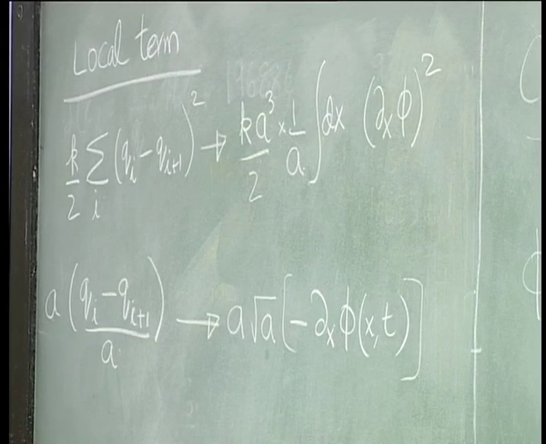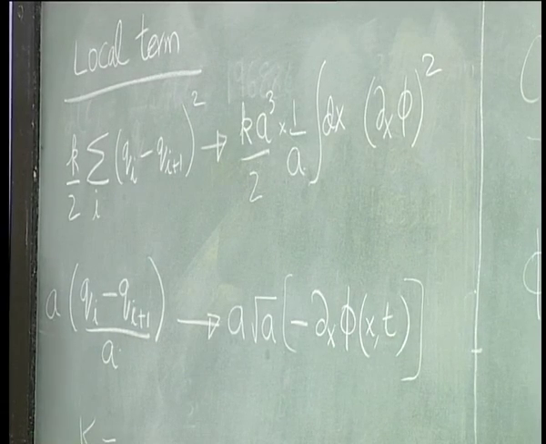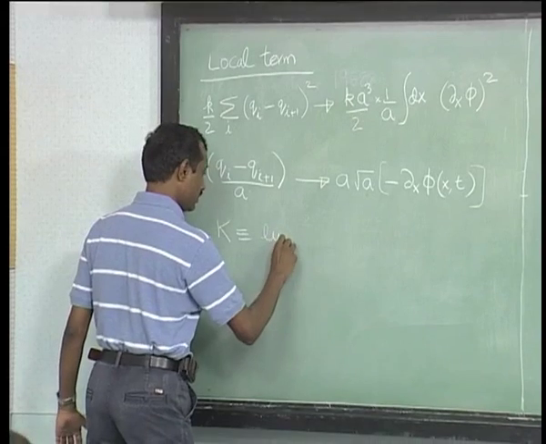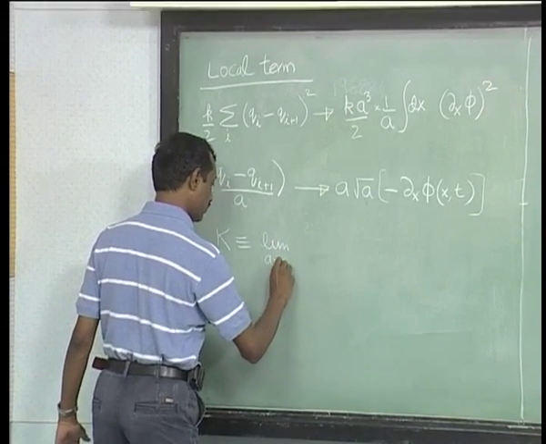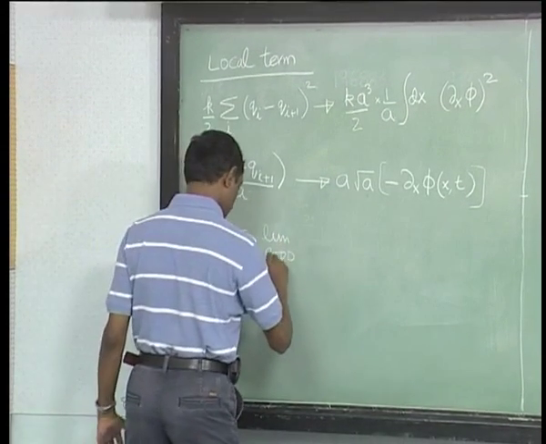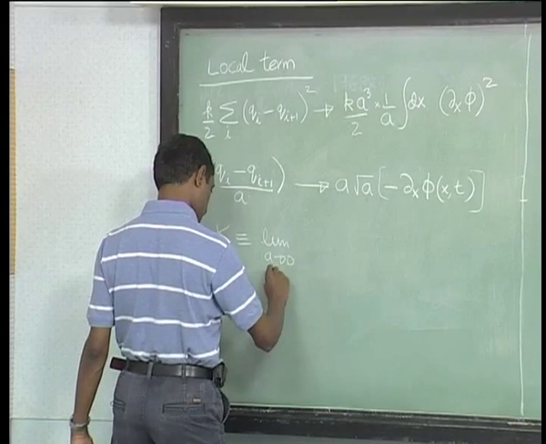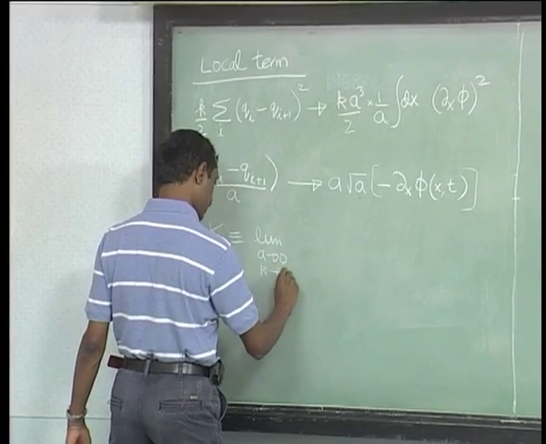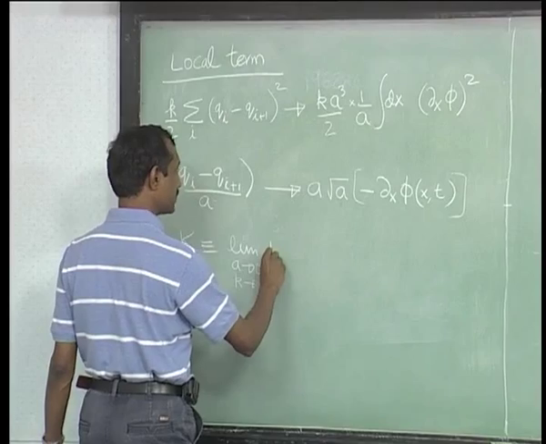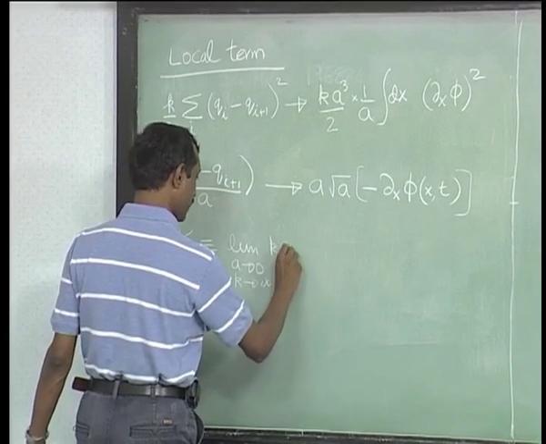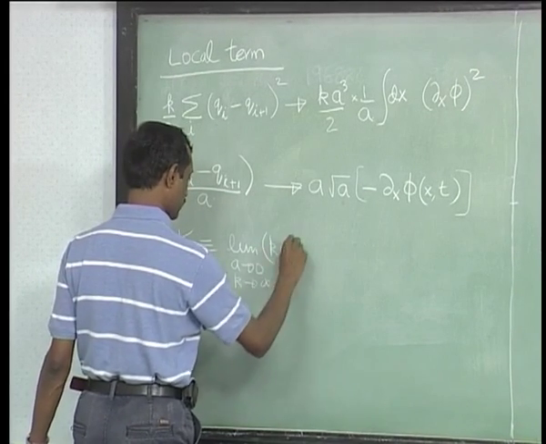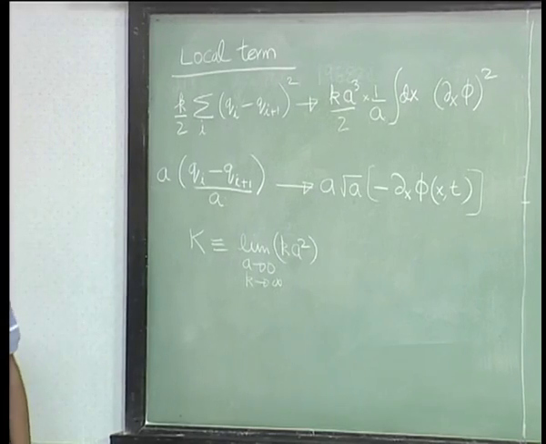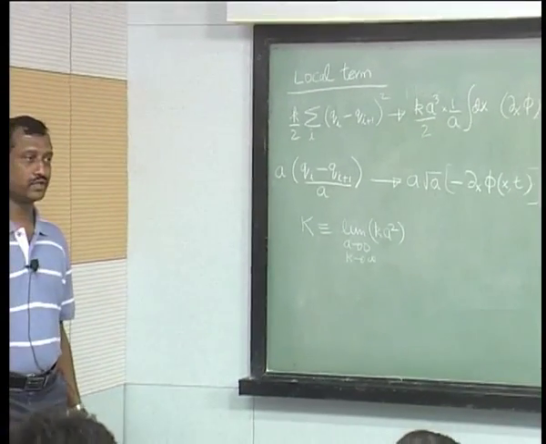So, the limit is: let k be defined to be the limit a tending to 0, little k tending to infinity, such that this combination has a finite limit, of course by definition.